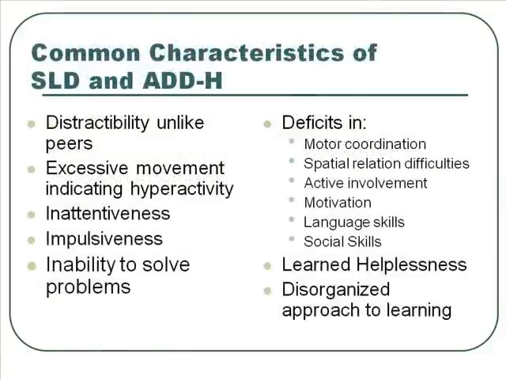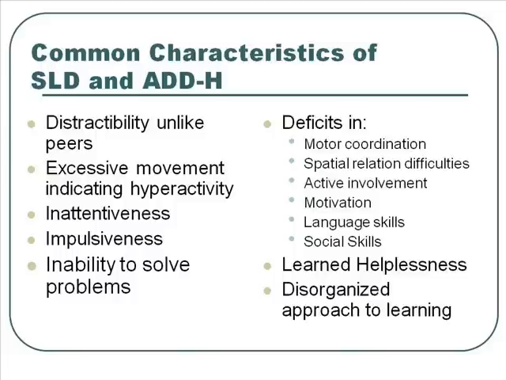Students with learning disabilities and attention deficit disorder have a common bond. They all struggle with academics and have some common characteristics as shown on this slide. Distractibility unlike their peers, excessive movement indicating hyperactivity, inattentiveness, impulsiveness, inability to solve problems.